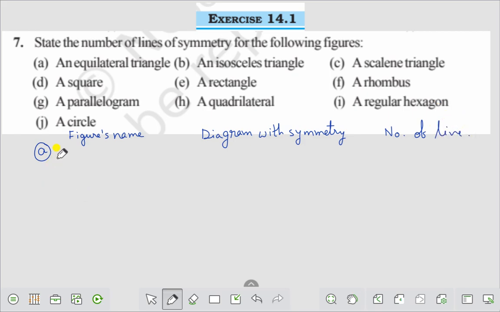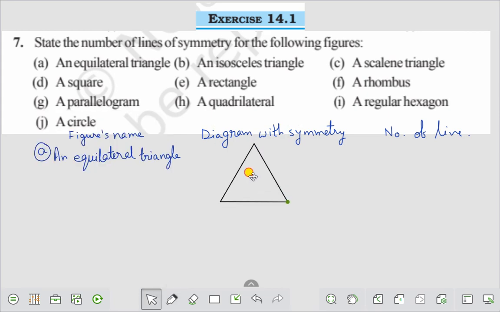First one is equilateral triangle. Equilateral, diagram with symmetry.